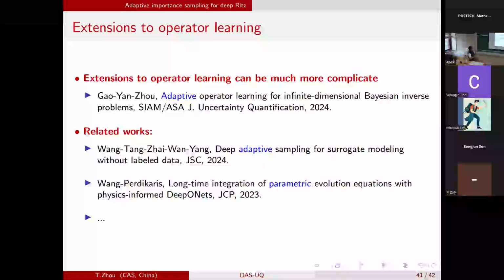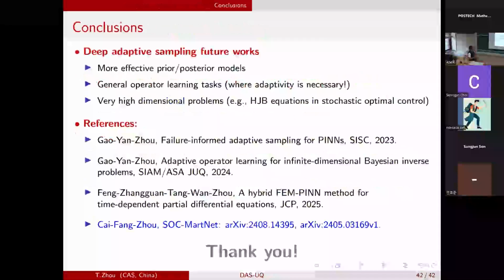Yes, we also have some ideas for the Bayesian inverse problem. Okay, I think I can stop here and give you a few conclusions. For the neural network approximations, we introduced the so-called deep adaptive sampling. The key issue in the method is the prior and the posterior models. Prior means in the beginning you have to choose the uniform points.